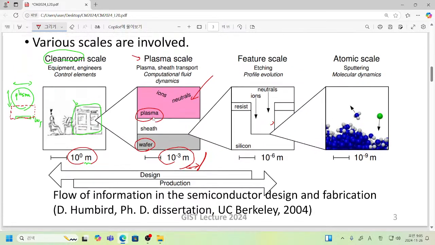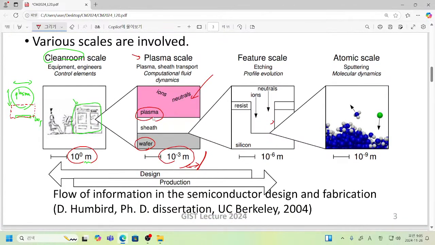So instead of the clean room scale or plasma scale, we are more interested in feature scale. Here feature means the size of the etched pattern. So if we perform, for example, a 10-minute long etching process, how deep will the hole be and how wide? That is answered by this feature scale simulation.